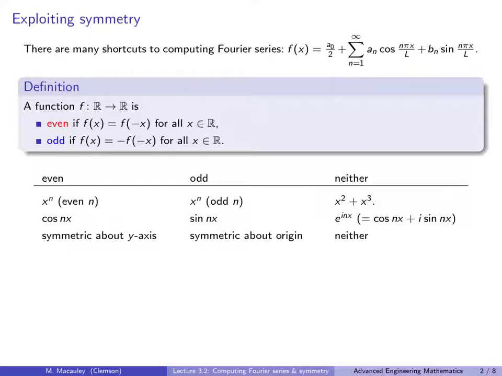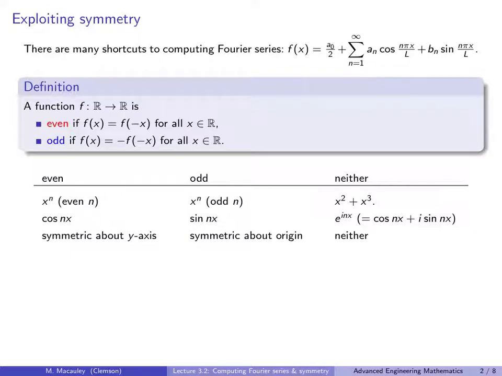The following are examples of odd functions: x to the n, where n is odd, sine of nx, or any function that's symmetric about the origin. And of course, a whole bunch of functions are neither. Things like x squared plus x cubed, or e to the i nx, which is cosine nx plus i sine of nx, are functions that have neither type of symmetry.